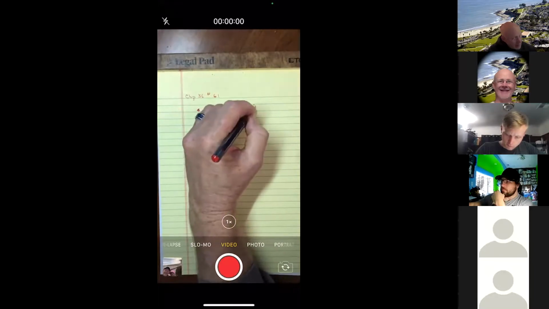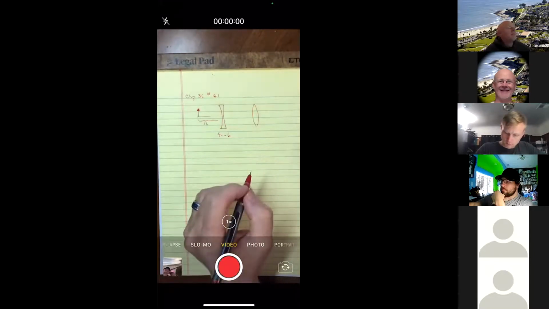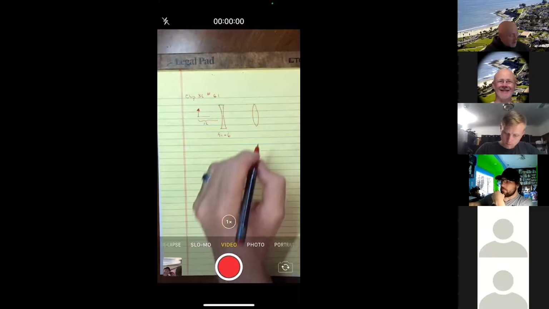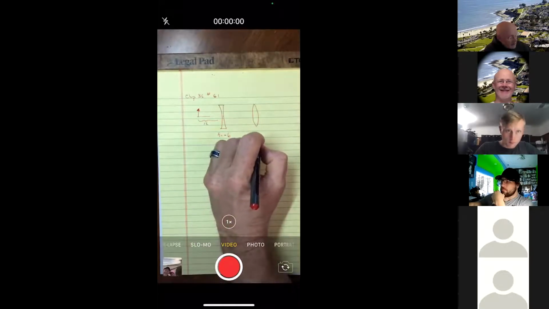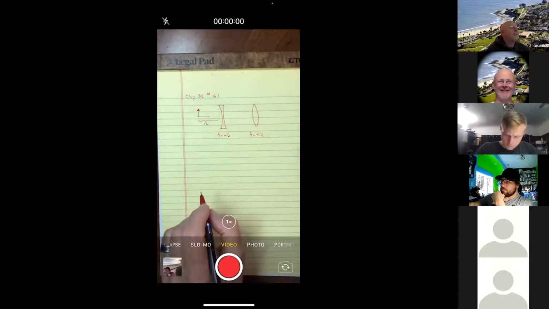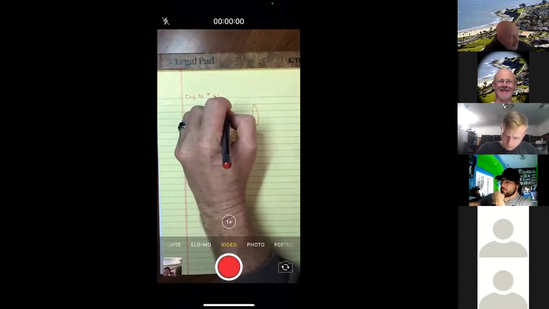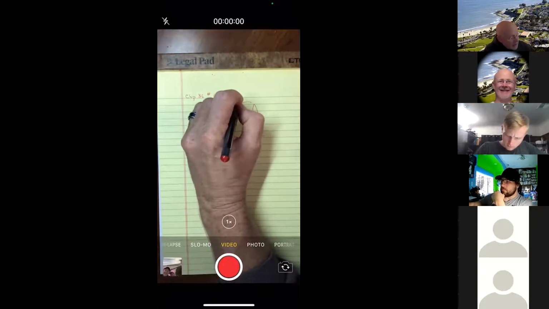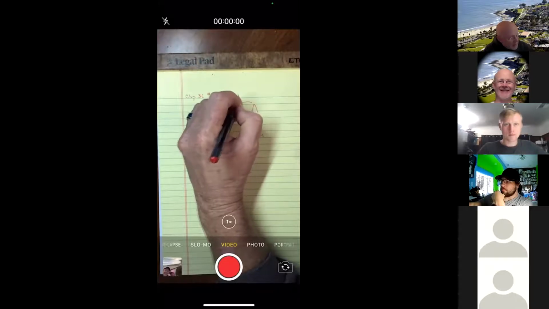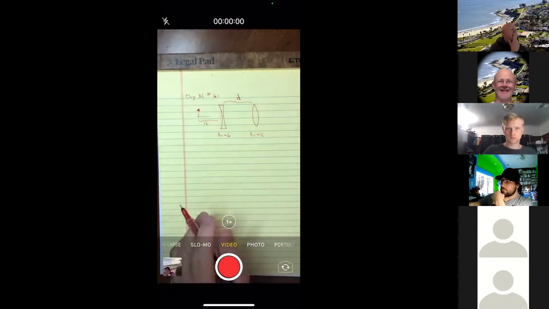Okay, so I'm going to draw a converging lens, focal length plus 12, and an unknown distance d between the two lenses. Find the distance d so that the final image is at infinity. Oh, okay. And draw the ray diagram.